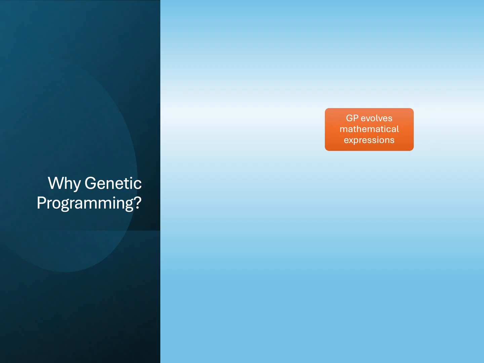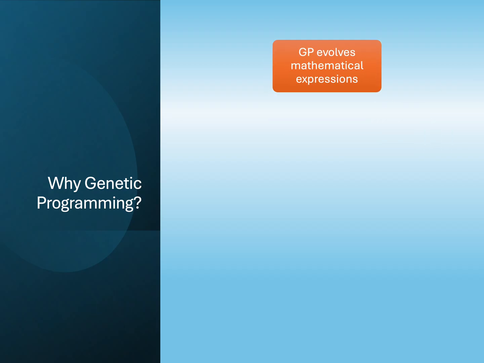So for this project, even though I had the option of choosing a genetic algorithm, I selected genetic programming because it is very powerful for problems where explainability is important. GP does not create a black box model like neural networks. Instead, it evolves mathematical expressions or decision rules that we can read and understand.